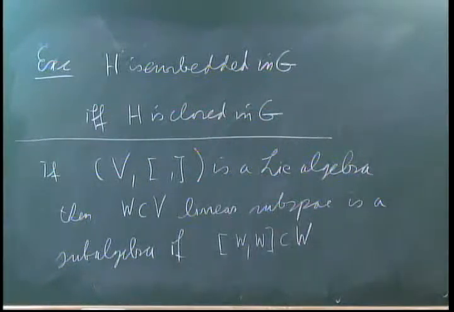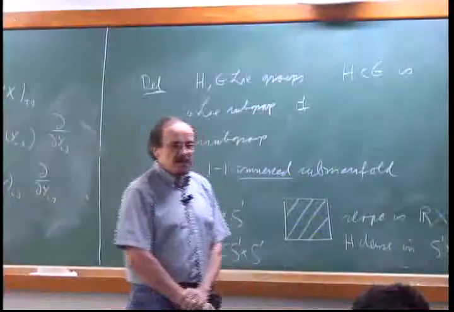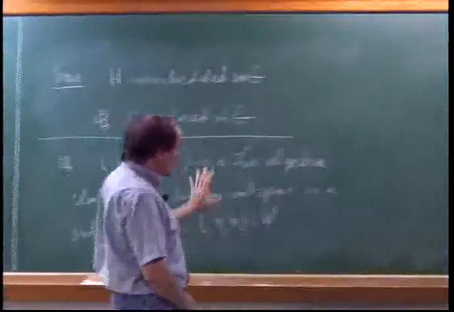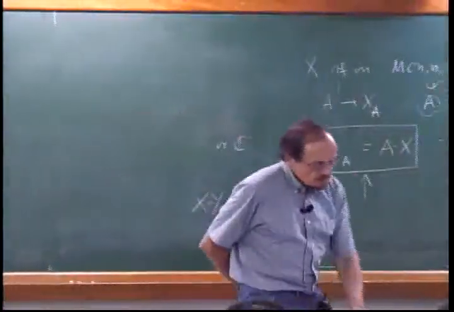And it's a subalgebra of the algebra. So I have subgroups, I have subalgebras, and of course the natural question is now how are they related? If I have a subgroup, what does that mean about the subalgebras?